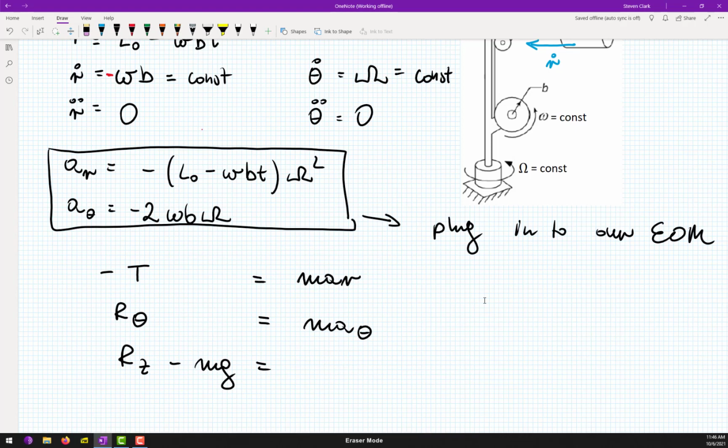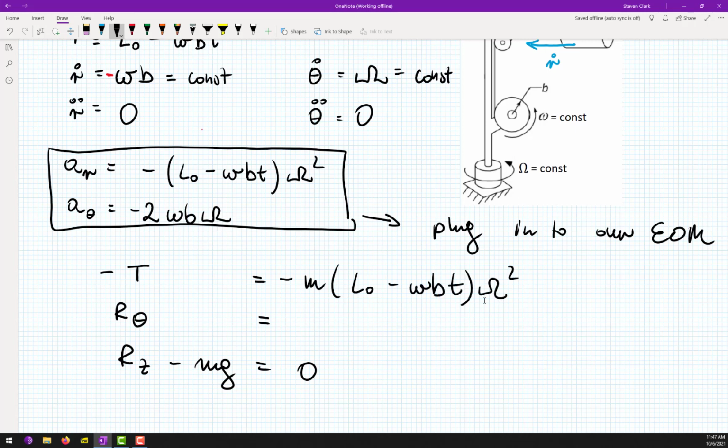I think you told me that this is 0. And you also told me that this should be minus m L0 minus omega b t omega squared. And this should be minus 2m omega b omega.